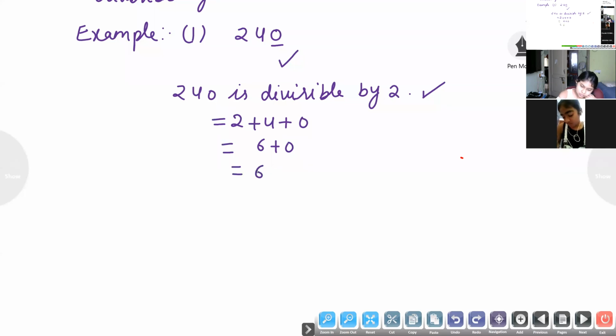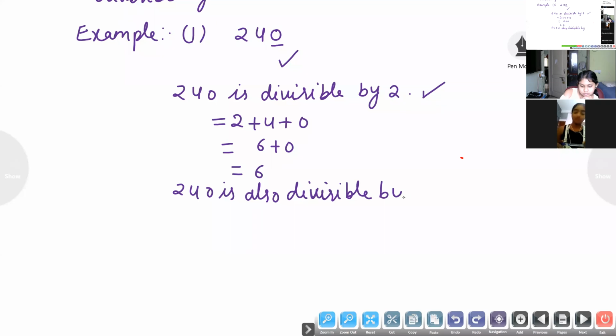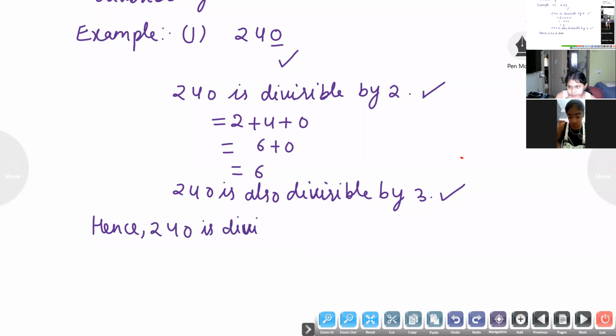Then also we can say 240 is also divisible by 3. Hence, 240 is divisible by 6.